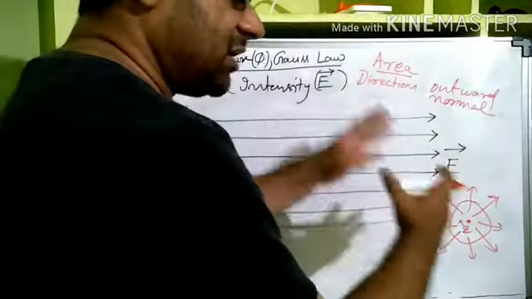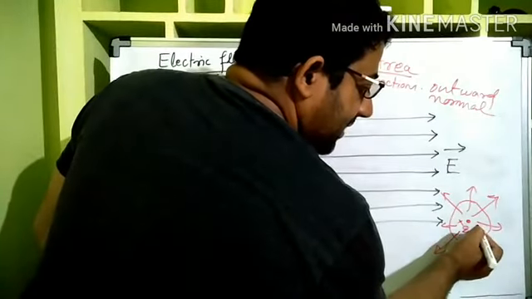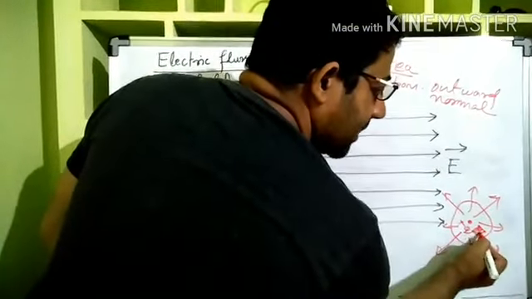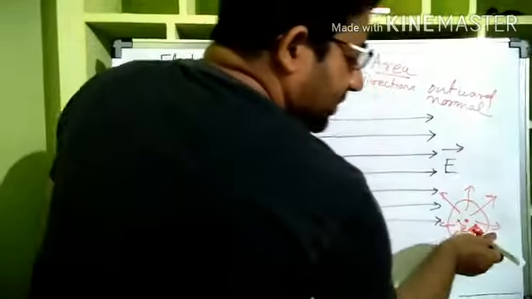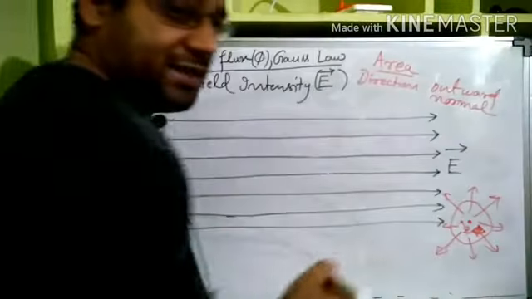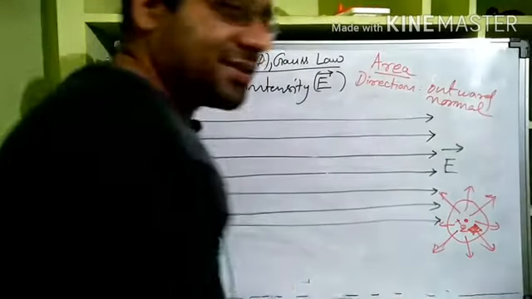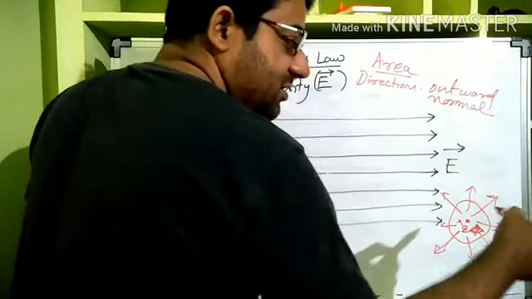Now if I take a particular area here on the surface, through that area electric field lines are coming out, right? Now this is the outward direction, yes or no? And this side, into the board, is the inward direction of that particular area.